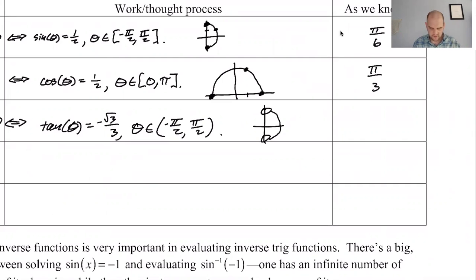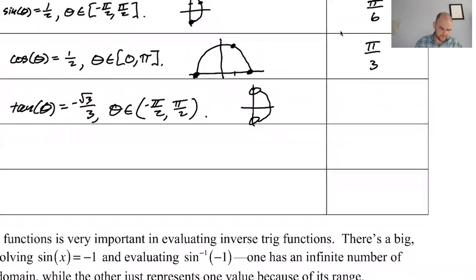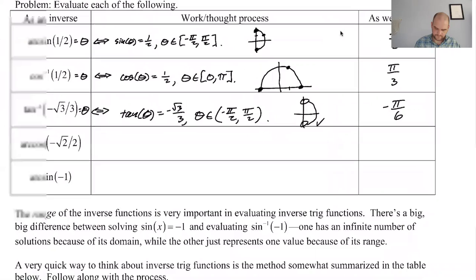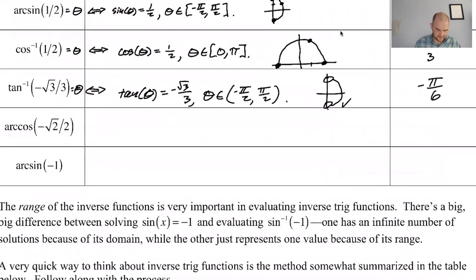Because of those open circles, you're going to have an asymptote y equals pi over 2, y equals negative pi over 2 for the graph of arctan. I find that very useful. But what I really think is root 3 over 3 is a pi over 6 angle. Since it's negative, I've got to come from here, so it's going to be a negative pi over 6. That's how I work my way through it.